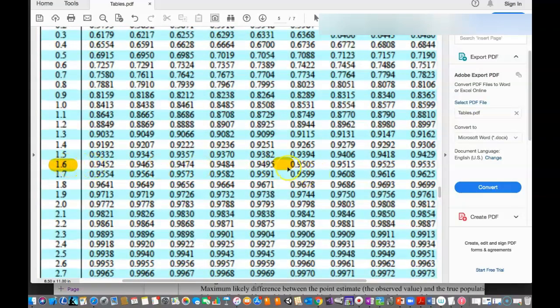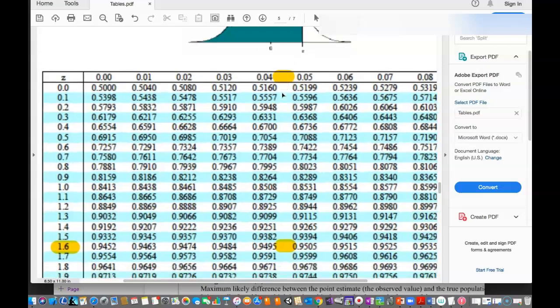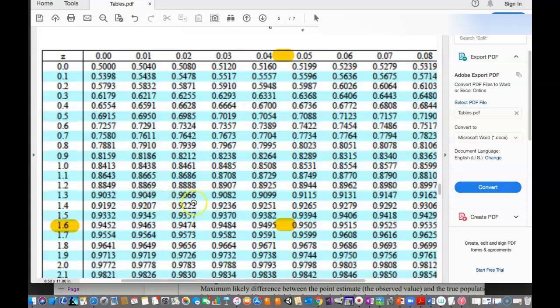So 1.6 and going up. Between 4% and 5% is 0.045. So adding these two, I have 1.6 and here is 0.045. So the answer is 1.645.